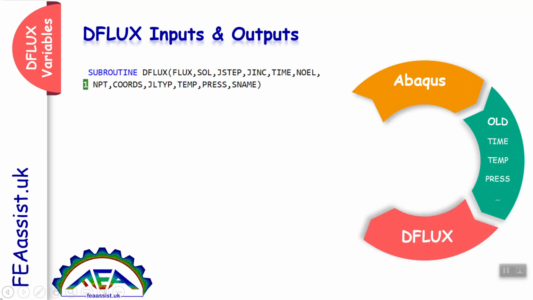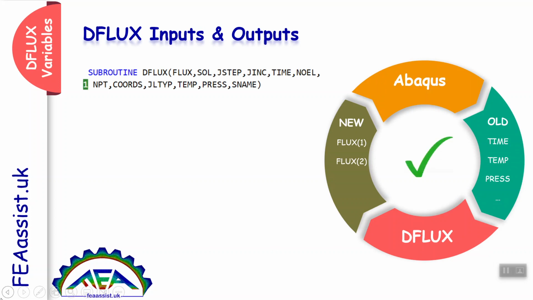We need to get these variables and write our fluxes, flux 1 and flux 2, and return them back to the Abaqus. Again, Abaqus gets flux 1 and flux 2 and computes the new variables: time, temperature, pressure, and other variables. So this is how Abaqus and deflux interact with each other.